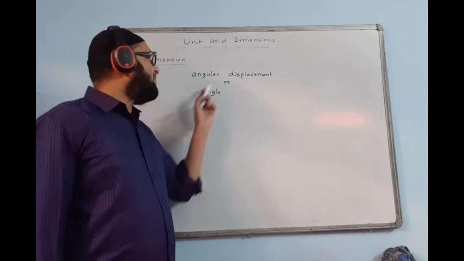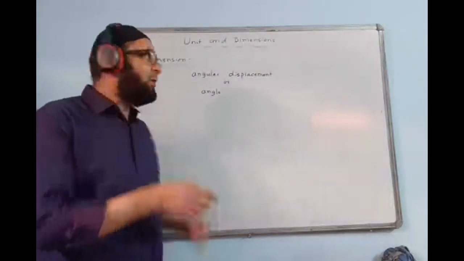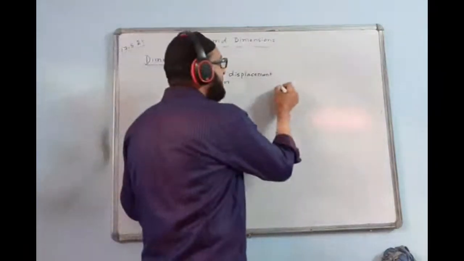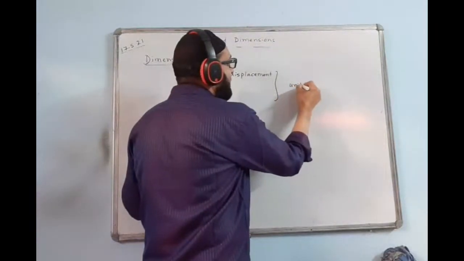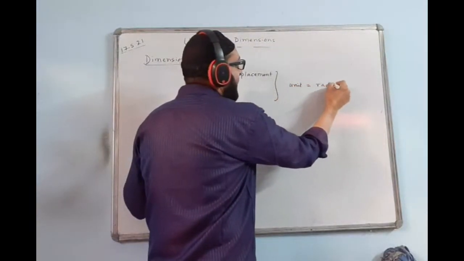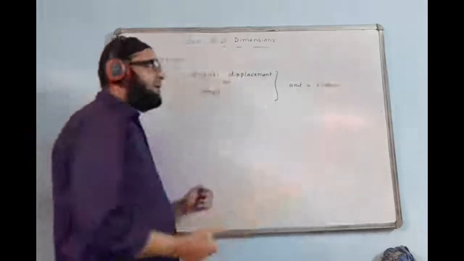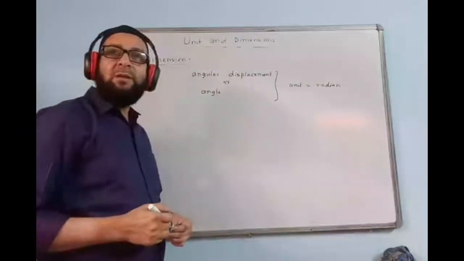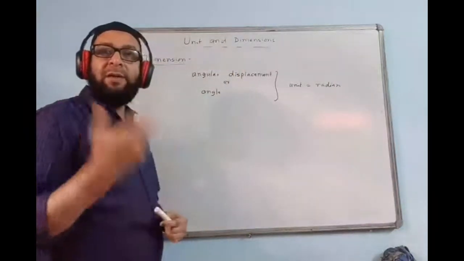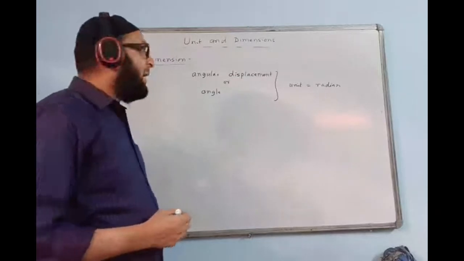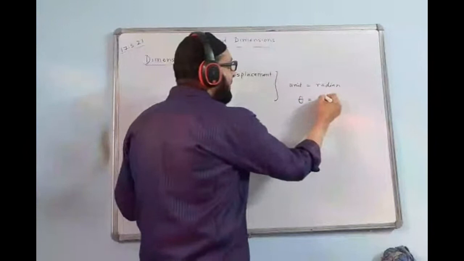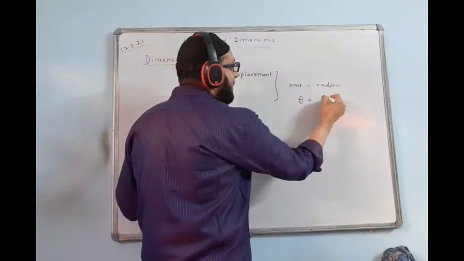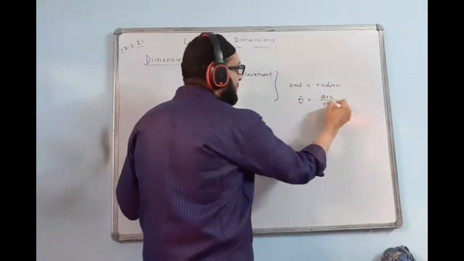Angular displacement or angle, why does it have a unit? The SI unit of this quantity is radian, okay. And radian or degree is the common unit, even in maths you will use it. Actually, angle and angular displacement is measured by the ratio arc by radius.